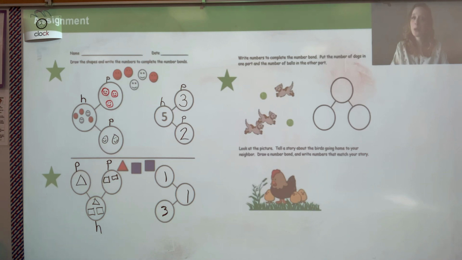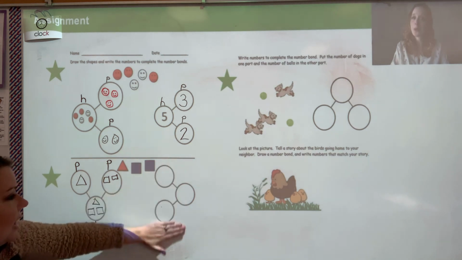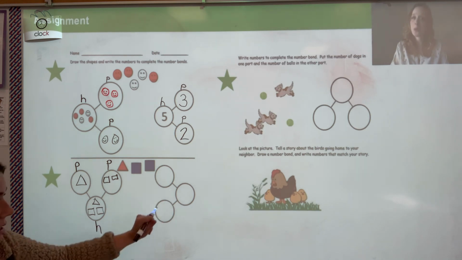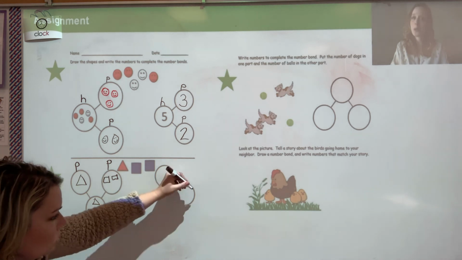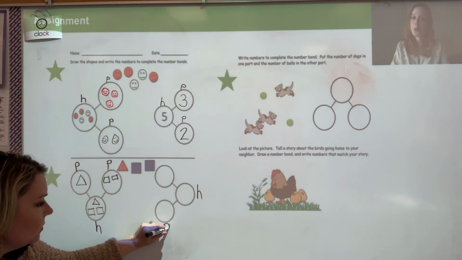Oh, did I not label my number bond first? Oh, I didn't do that. Okay, so they turned it on me again. The whole has 2 paths coming to it, and the parts only have 1.